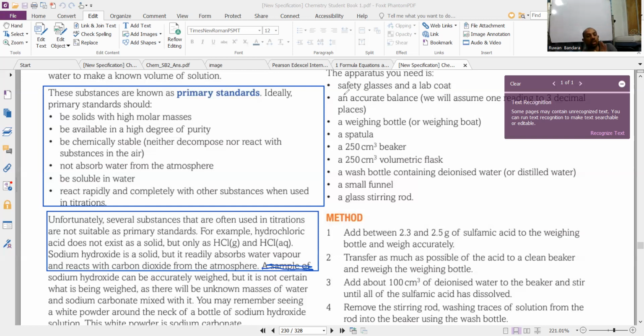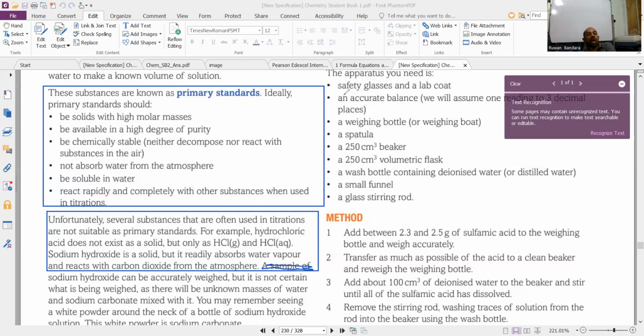Therefore, sodium hydroxide is not a good substance to make a standard solution. Some other substances have high purity but are not dissolving in water, such as calcium carbonate. And they must react rapidly and completely with other substances when used in titration.